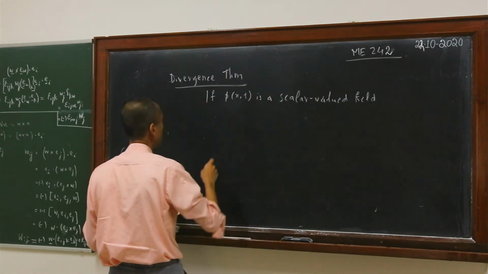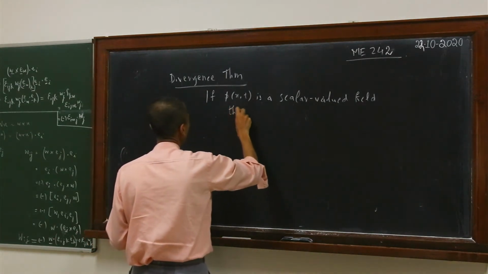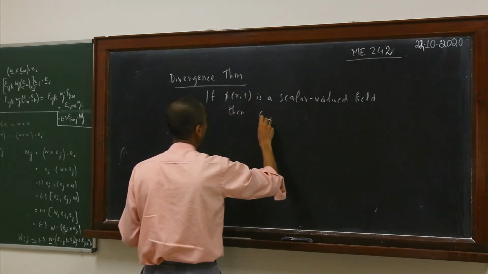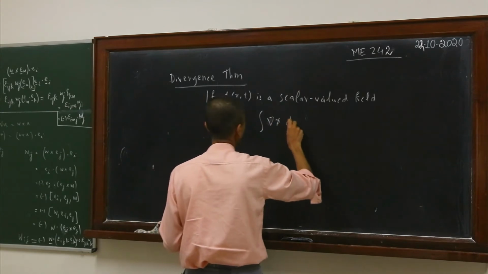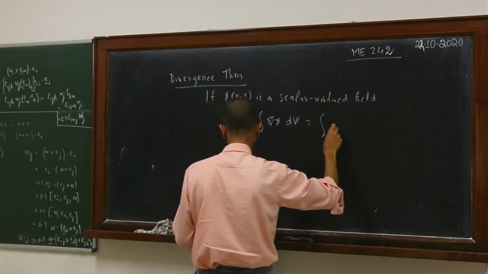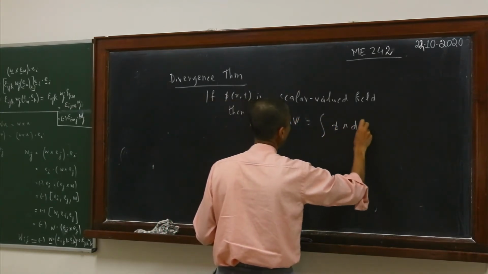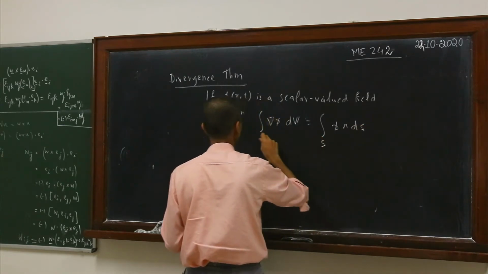Then the integral of del phi dv is equal to the integral of phi times n ds over s. So this is over p.